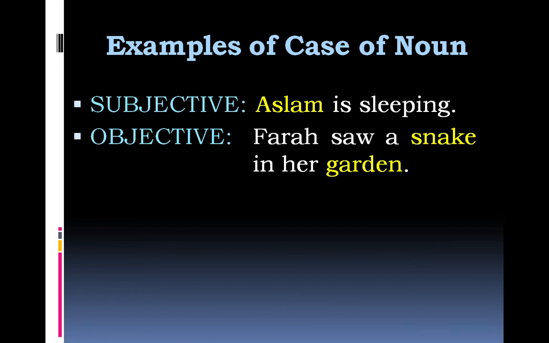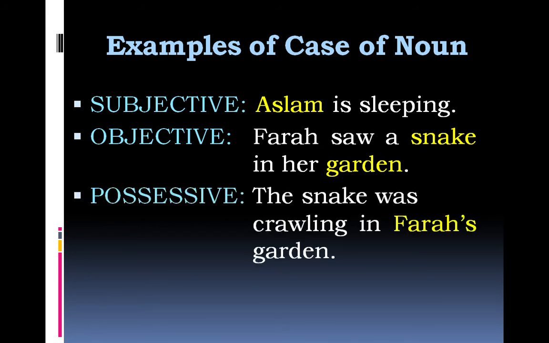And in this simple prepositional phrase, in her garden, in is the preposition and garden the object of preposition. And since garden is the object of preposition, garden too is in objective case. Both these nouns in yellow color, snake and garden, are in objective case in this sentence.